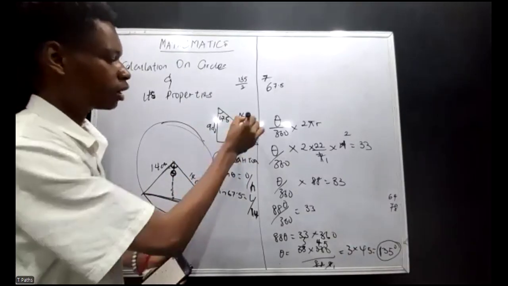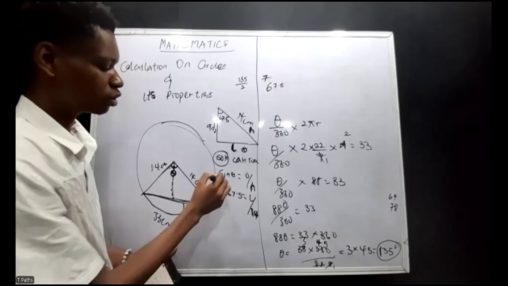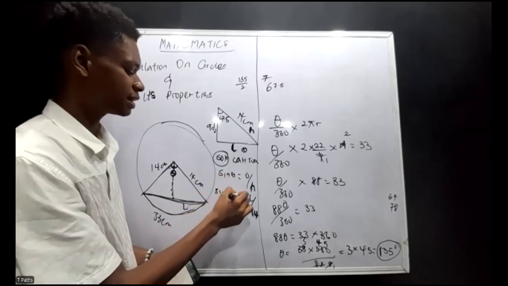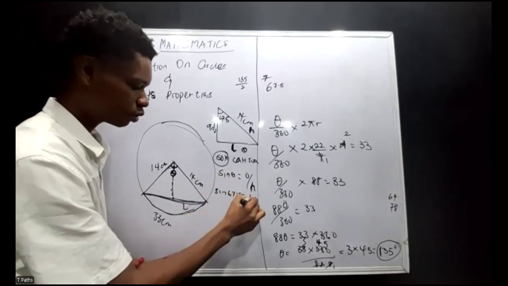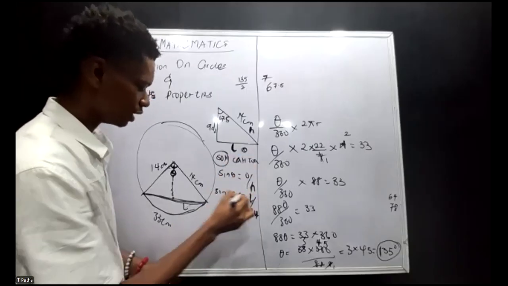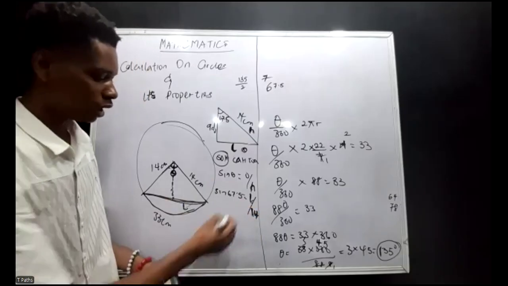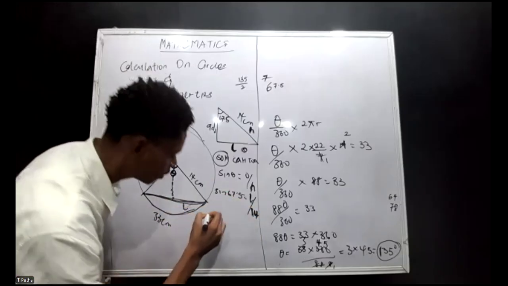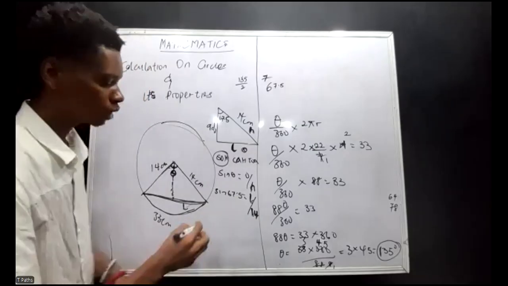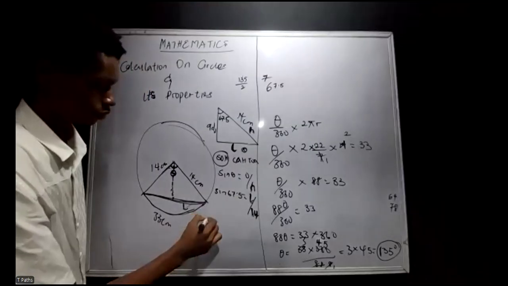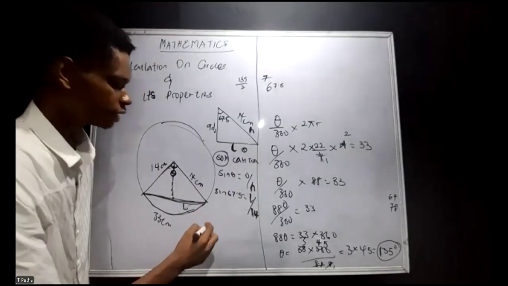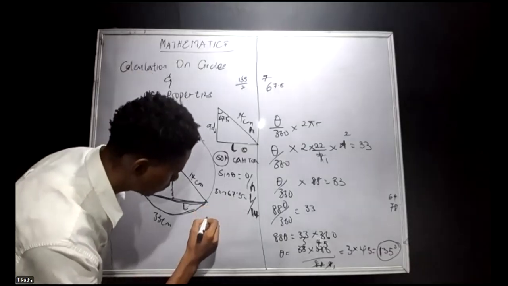So I'm saying opposite over hypotenuse is sine, right? So I say sine 67.5 is equal to opposite, which is L, which I denoted as L over here, over hypotenuse, which is 14. So I need somebody to tell me the value of sine 67.5 real quick. Somebody should unmute and tell me the value of sine 67.5.